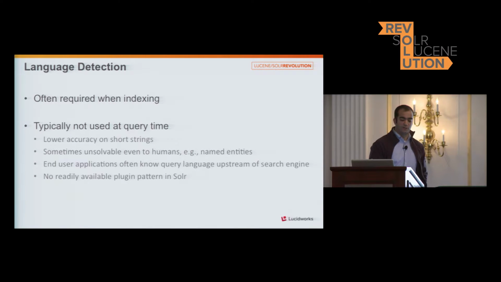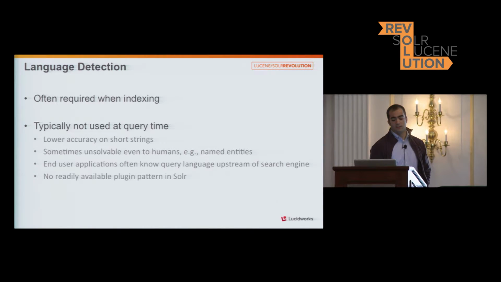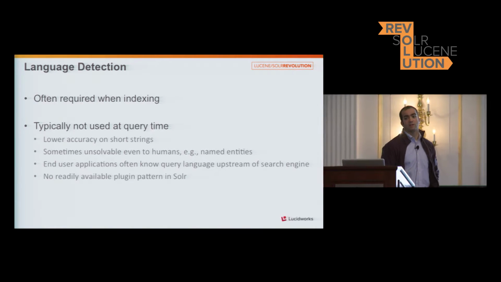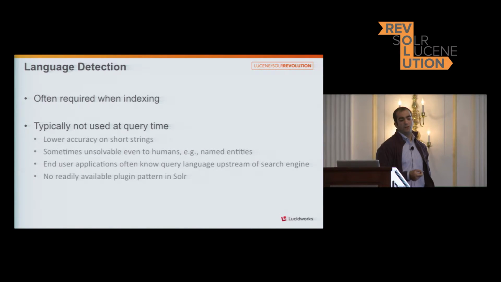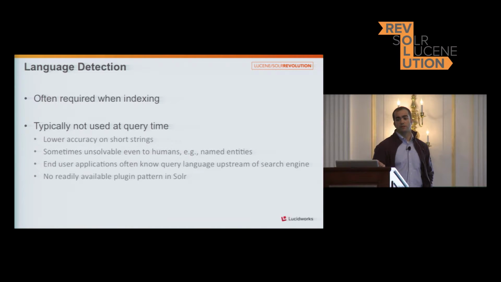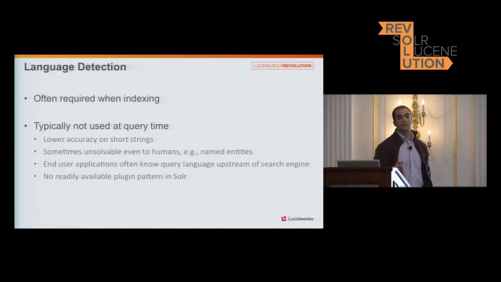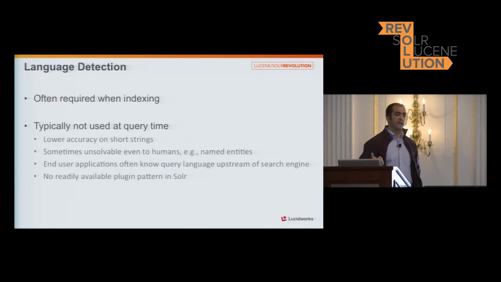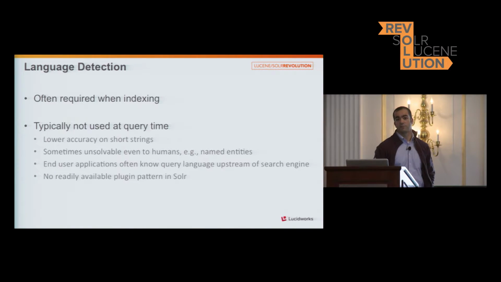And then the final one is really, there's not really a plug-in pattern in Solr to do language detection at query time. So is anyone familiar with the language detectors in Solr? Have people used it? Okay. So language detection is not specified within your field type. It's specified in an update request processor.